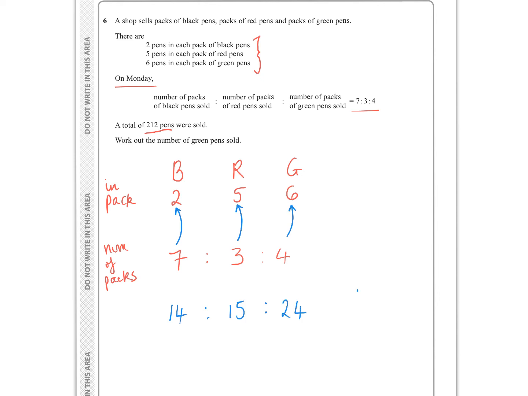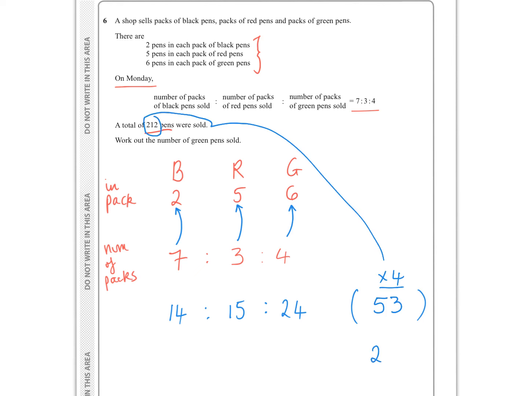So in terms of numbers of pens, in terms of a ratio, how many parts do we have? Well, if we add 14, 15 and 24 together, we get 53. If we times 53 by 4, we're going to get 212, which is what we wanted.